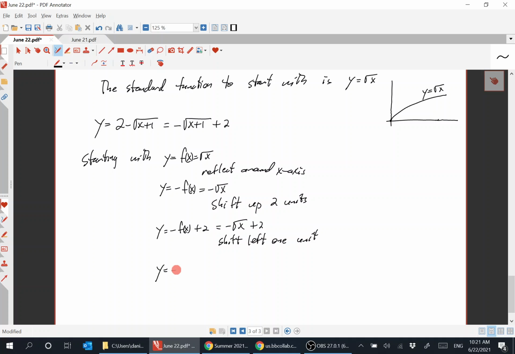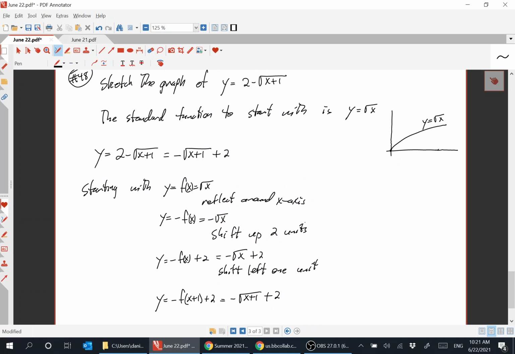So y equals minus f of x plus 1, plus 2. So that's minus square root x plus 1 plus 2. So then I get to the function that I want to graph. So you start with square root x, negate it, add 2 to the whole function, and then add 1 to the argument of the function. So here's the graph.